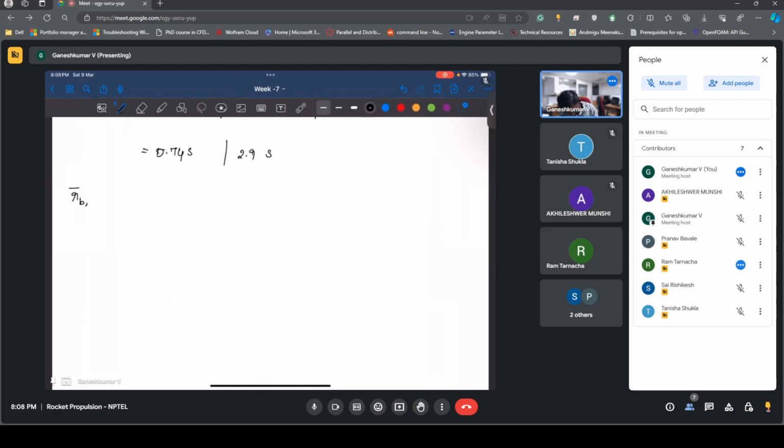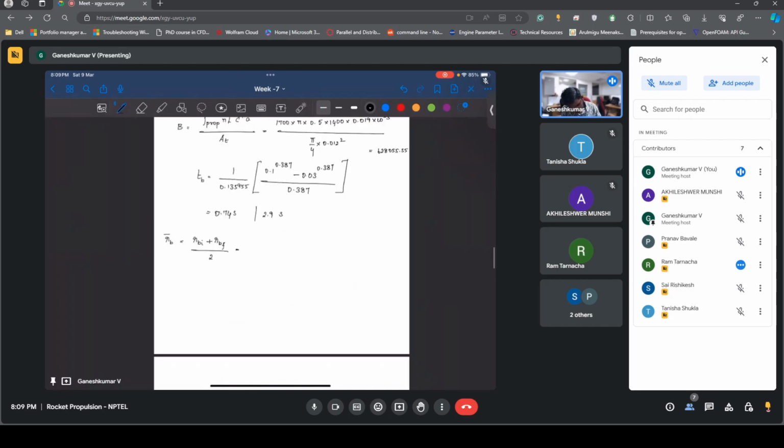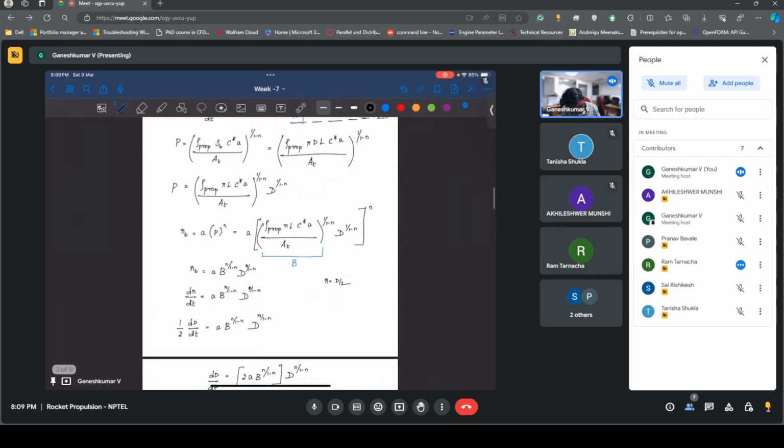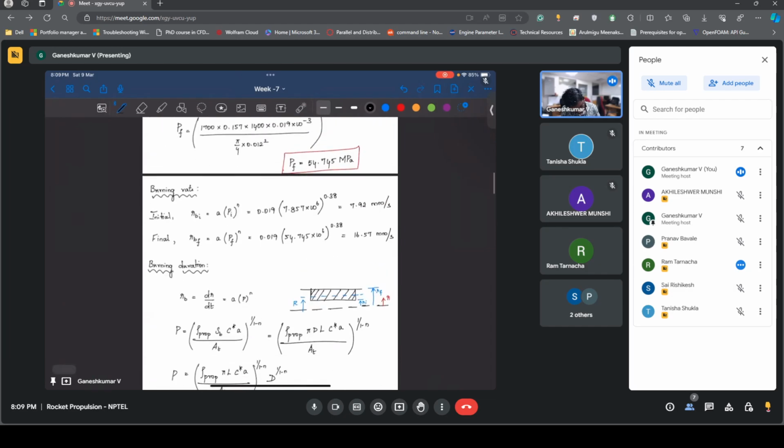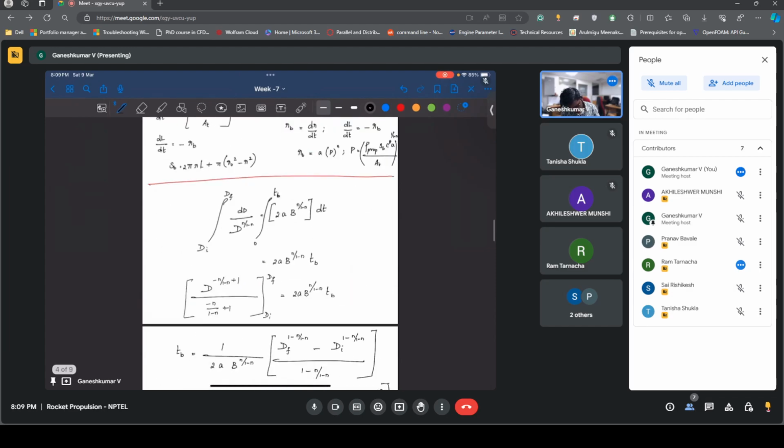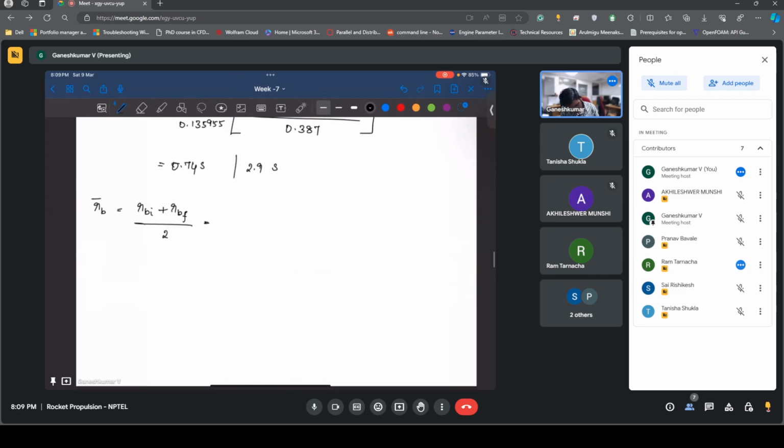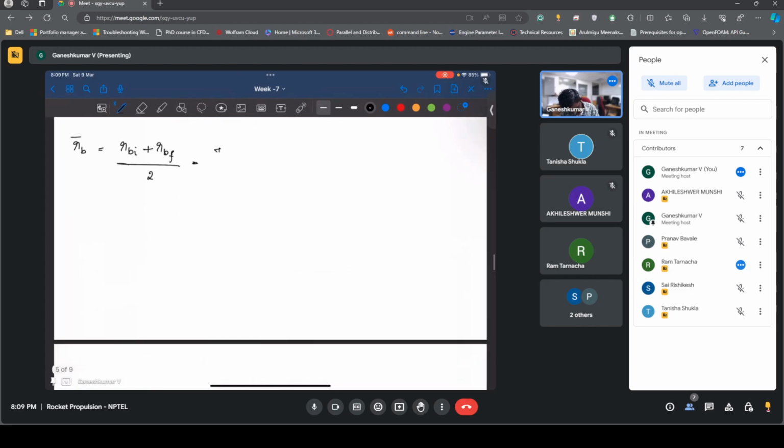RB mean is equal to RBI plus RBF divided by 2, which is 7.92 plus 16.97 divided by 2, which comes out to be something like 12.445 millimeters per second.